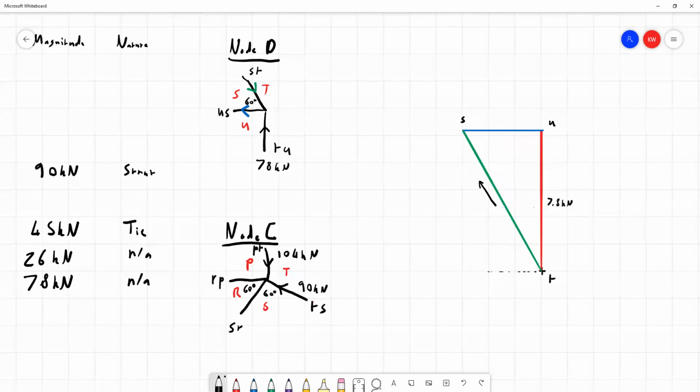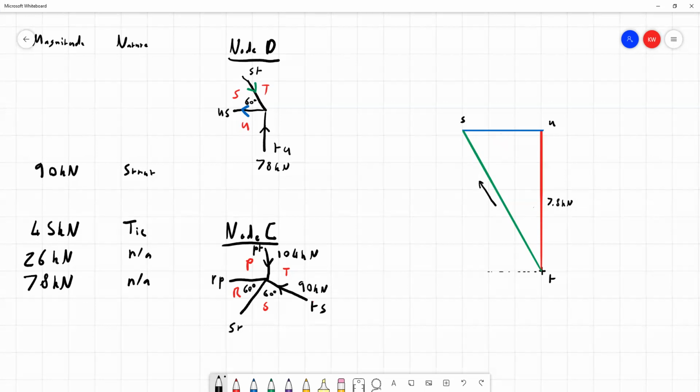So we've already got TS, as it now is, marked in this diagram. We also need to include the other vector we know something about, which is vector PT. And vector PT acts vertically down the way, ending at point T. So this is going to run through the point U on our diagram and go all the way to point T, because we know the line UT is 78 kilonewtons, so it's 7.8 centimeters.